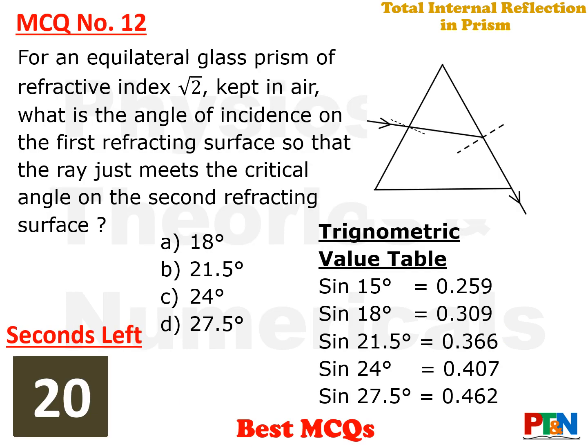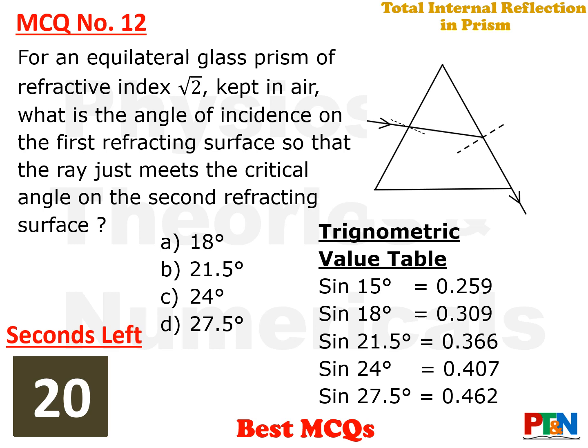For an equilateral glass prism of refractive index √2 kept in air, what is the angle of incidence on the first refracting surface so that the ray just meets the critical angle on the second refracting surface? See, for this equilateral triangle, as we have seen in many MCQs, if the ray is entering perpendicularly on the first refracting surface, then it is getting internally reflected.